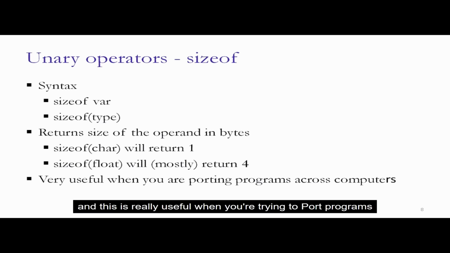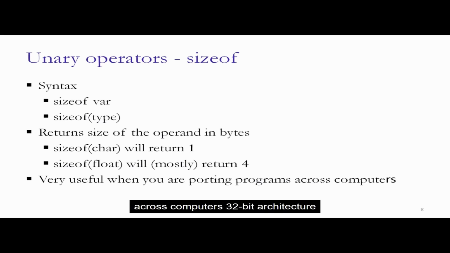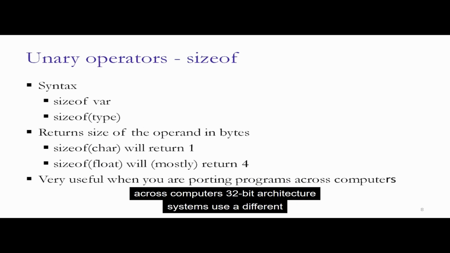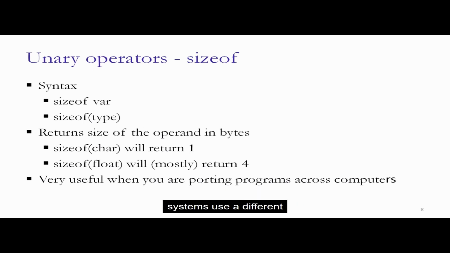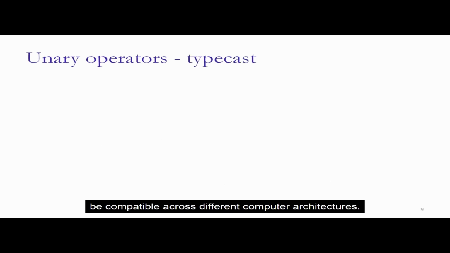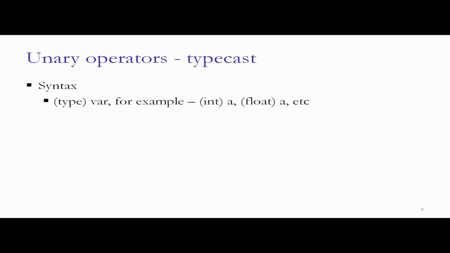And this is very useful when you're trying to port programs across computers. 32-bit architecture systems use a different size of int. 64-bit systems use a different size of int. So if you are aware of this, then you will always have a sizeof check such that your program can be compatible across different computer architectures.